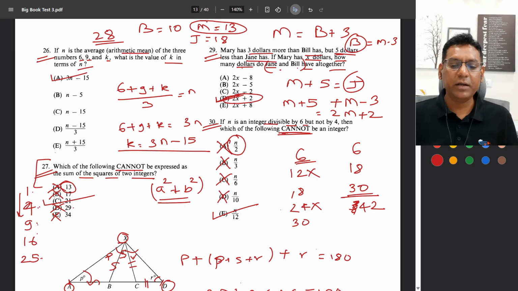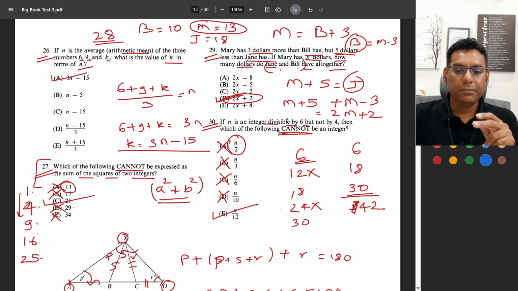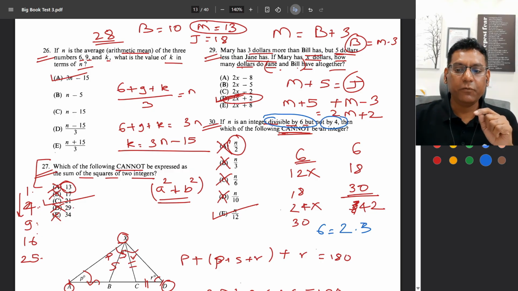This is what we did by elimination. We can also do it logically, though this is a little difficult to understand. N is divisible by 6. That means it has a 2 and a 3, because 6 is 2 times 3. But it is not divisible by 4. When will it be divisible by 6 but not by 4?